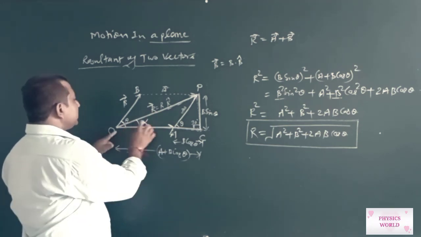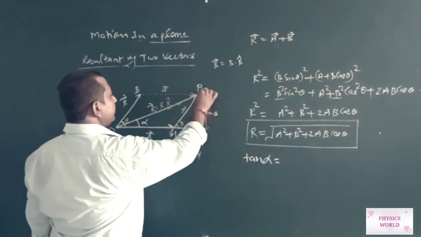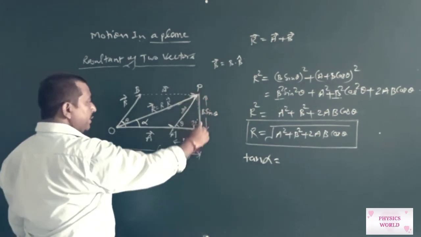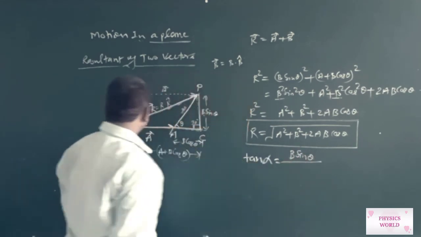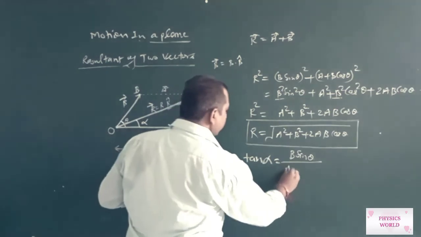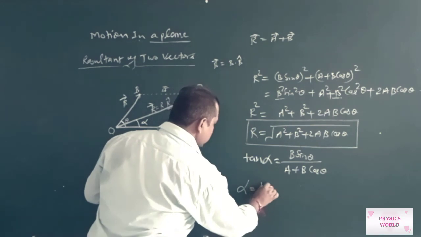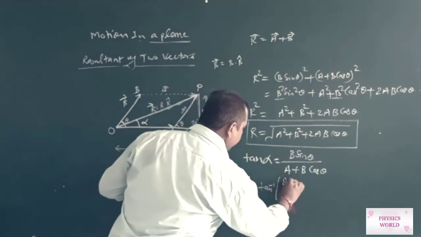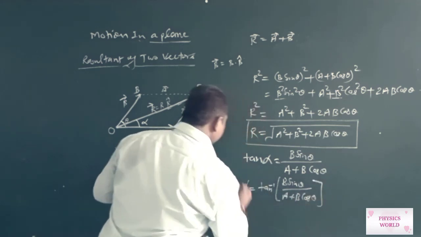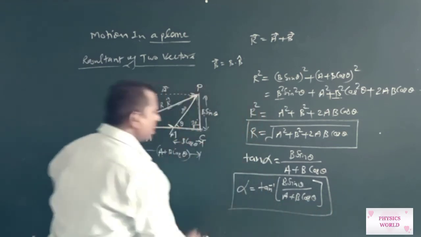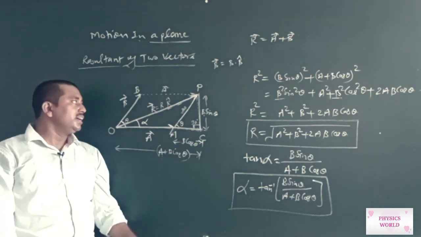So if we apply tan of alpha in triangle OCP, then tan of alpha will be equal to perpendicular upon base. Perpendicular means B sin theta divided by base, that is A plus B cos theta. So from here we can write alpha equal to tan inverse of B sin theta divided by A plus B cos theta. From here we can easily obtain the inclination or the direction of the resultant with respect to the first vector.